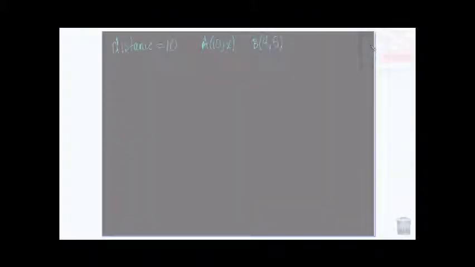I'm giving you the distance and I'm asking you to find the missing coordinate for a point. So I give you one point is 10, y and the other point is 4, 5. That makes more sense. Okay, so you have to use the distance formula.